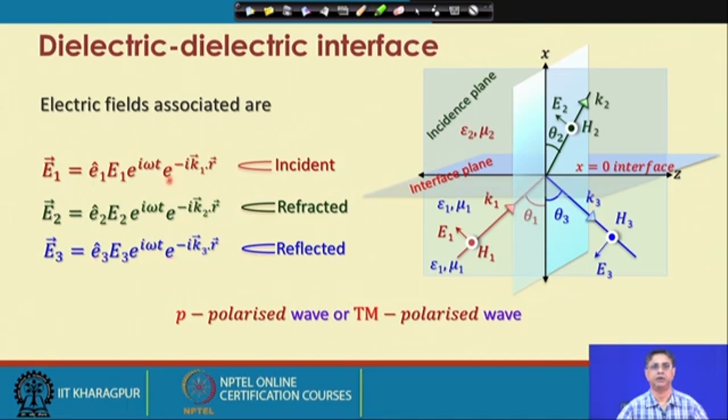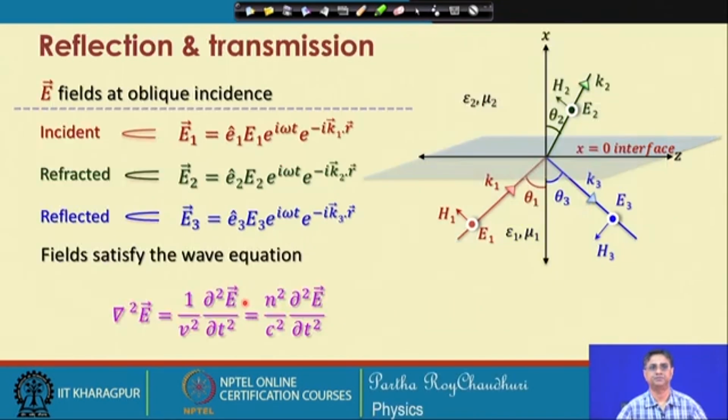So, these are the plane wave expressions for the electric fields in three different places, that is the incident wave, the refracted wave and the reflected wave for the case of TM polarized wave.